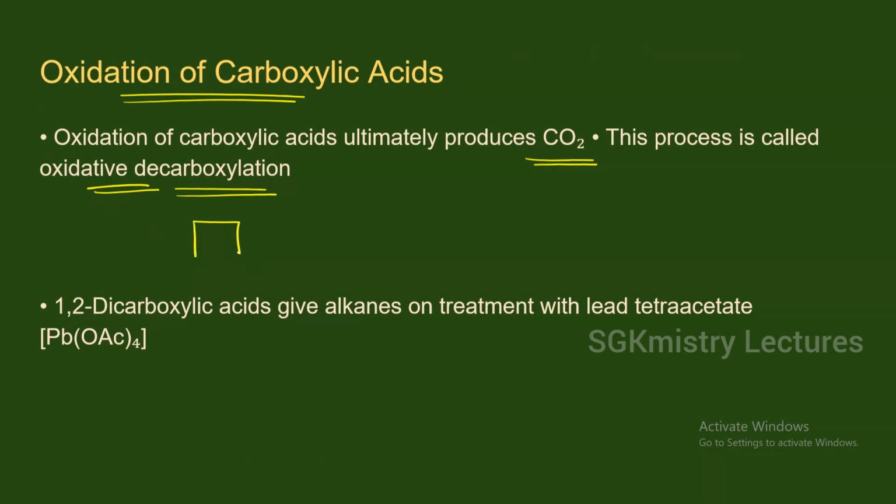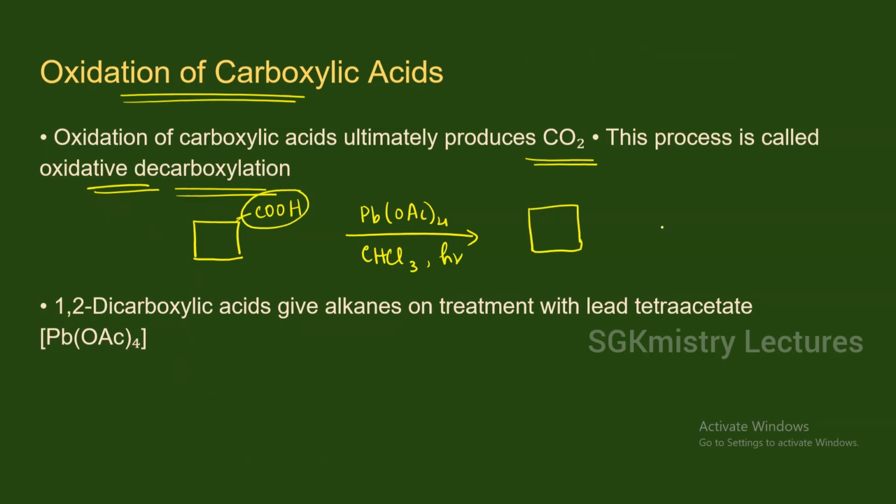Let us take the example. Let us talk about cyclobutane with the carboxyl group attached. In the presence of lead tetraacetate, CHCl3, and light, this COOH group is completely removed as carbon dioxide. Now, you get cyclobutane as well as carbon dioxide.